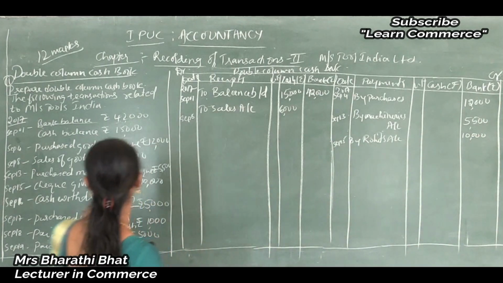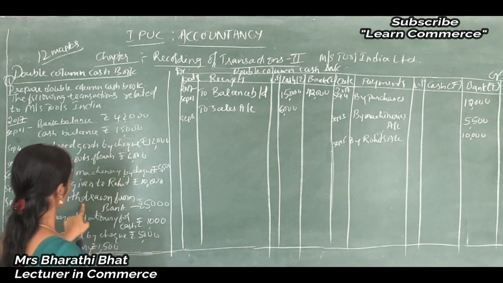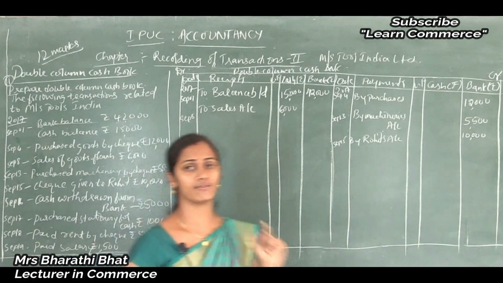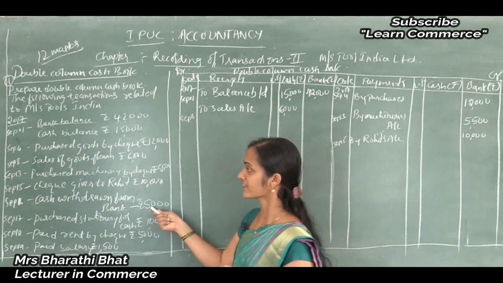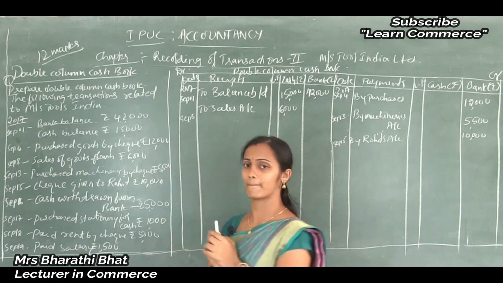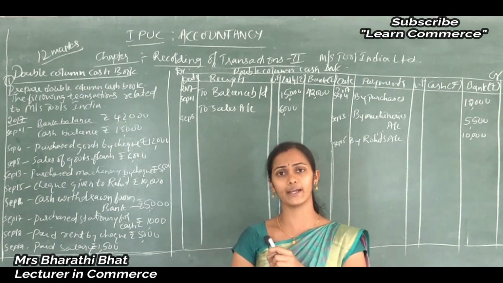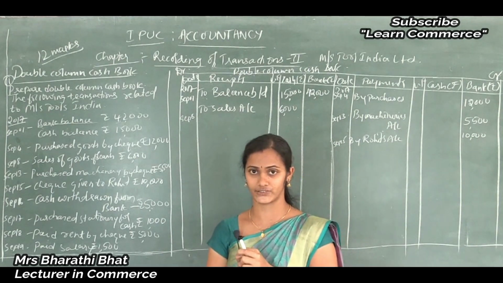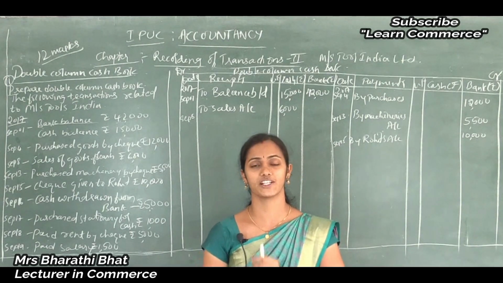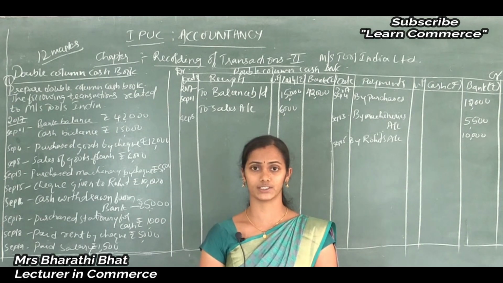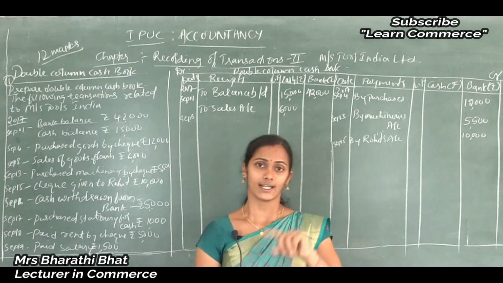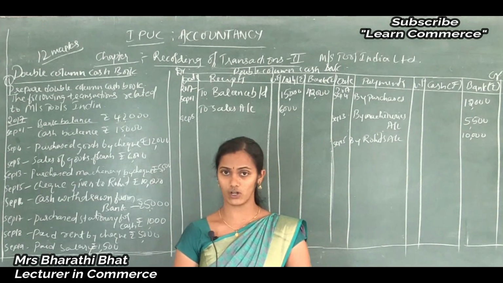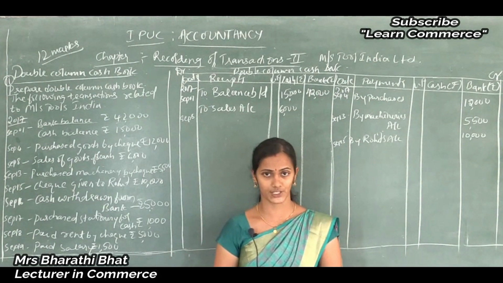And the next one, cash withdrawn from bank. A very important transaction. Why am I saying it's very important? This is a contra entry. Contra entry means: if the transaction affects both cash and bank, then that transaction is called a contra entry.